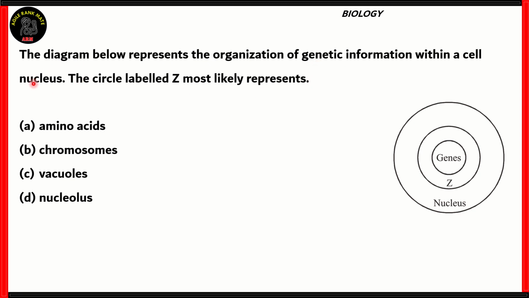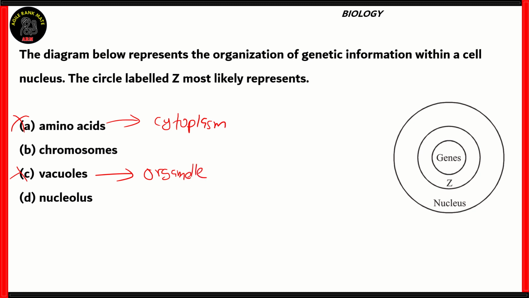So that means we can cancel options which are not present in a nucleus. For example, we can cancel option A, amino acids, because these are present in the cytoplasm of the cell, not in the nucleus. And also we can cancel vacuoles, because it is an organelle present in the cytoplasm.